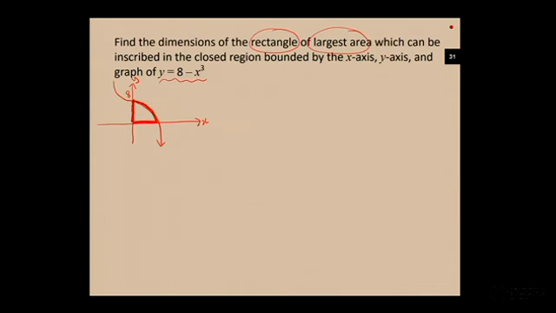So I'll just go dot, dot, dot, dot, dot, dot, like that. And those dots, there's a point right there, and it's x across and y up. I don't know what those numbers are yet, but that's what my job is. My job is to try and find the dimensions of the biggest rectangle I can put in there.